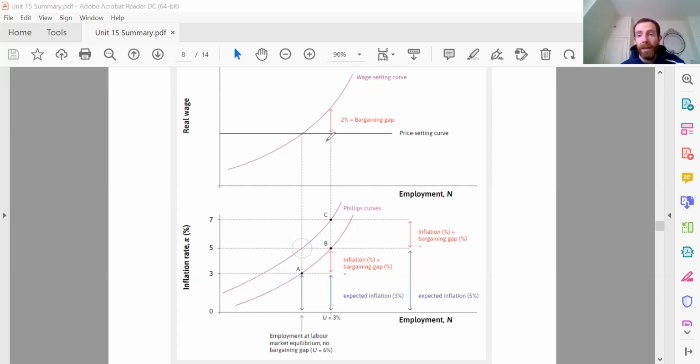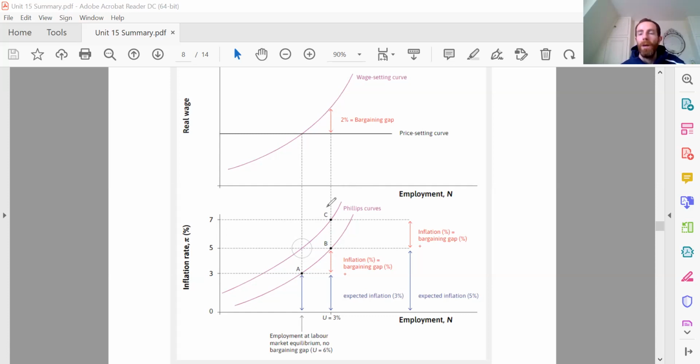As a result, their costs have gone up by that same 5%, and therefore they're going to increase prices by 5%. So what will people actually see in the economy over the course of the next year? They're going to see a 5% increase in the price level.